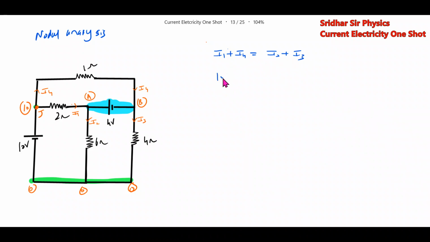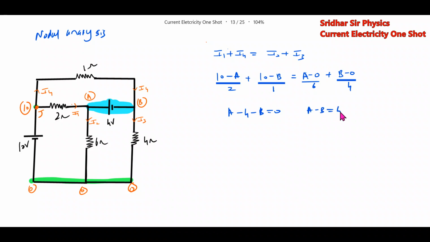What is I1? 10 minus A by 2. What is I4? I4 will be 10 minus B by 1. What about I2? I2 will be A minus 0 by 6. I3 will be B minus 0 by 4. A and B are unknown, so we'll write one more equation: A minus 4 minus B equal to 0.